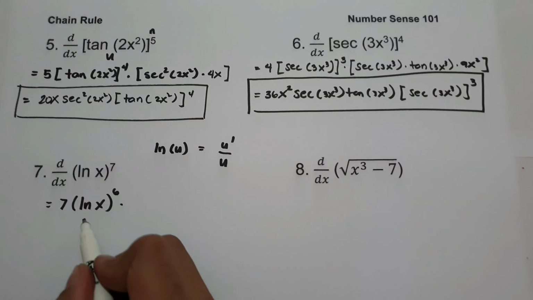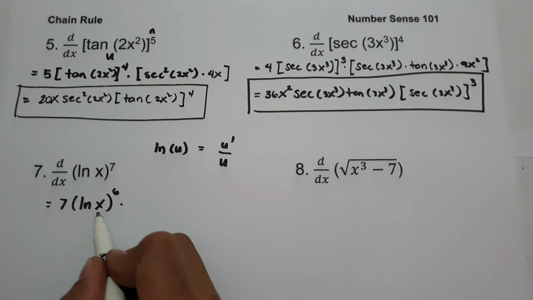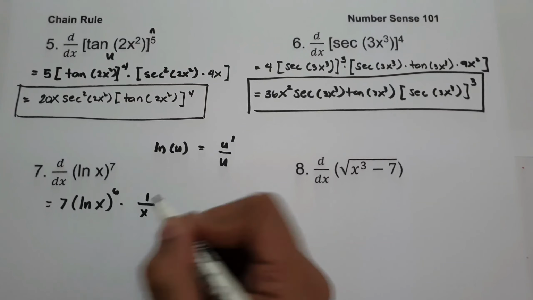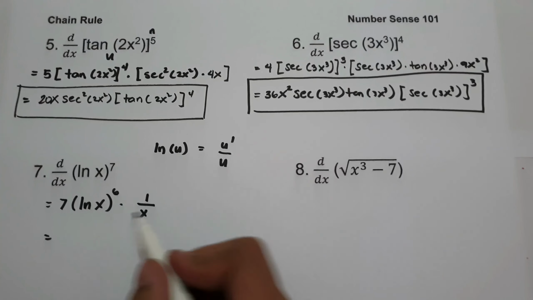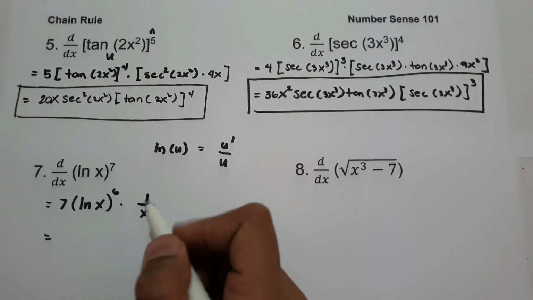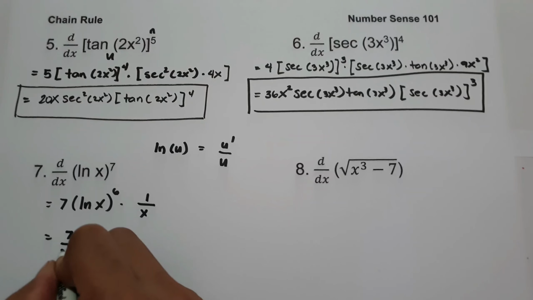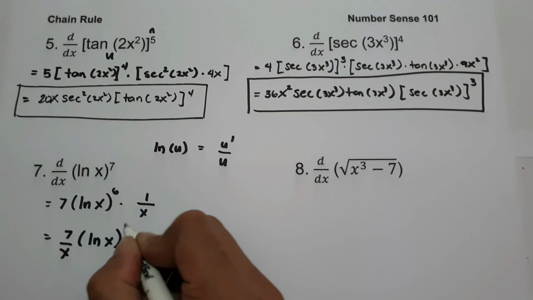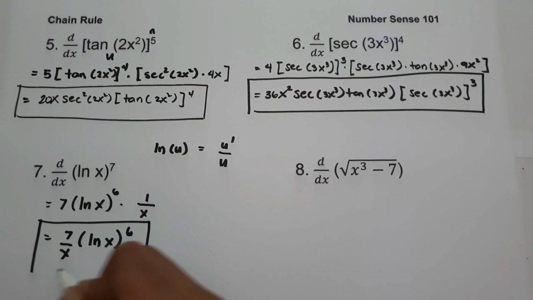So let us have u, that is x. So the derivative of x, that is 1, and then u, that is x. So to simplify our answer, 7 multiplied by 1 over x, that is 7 over x, ln x raised to 6. And this will be our answer.